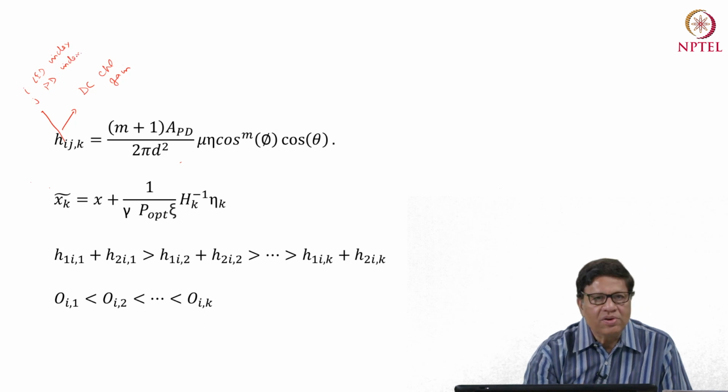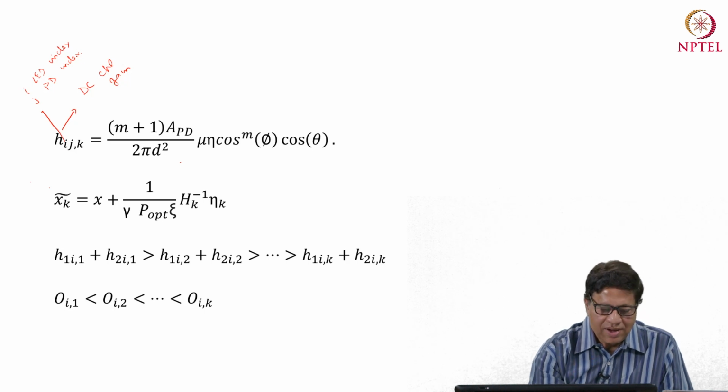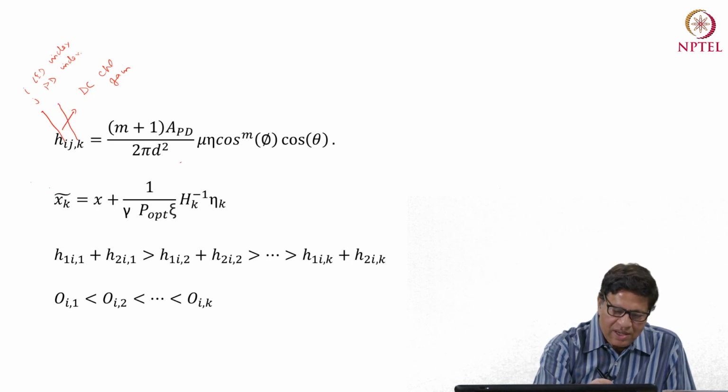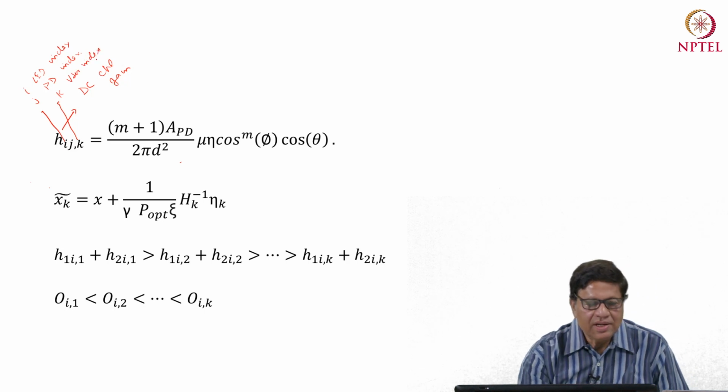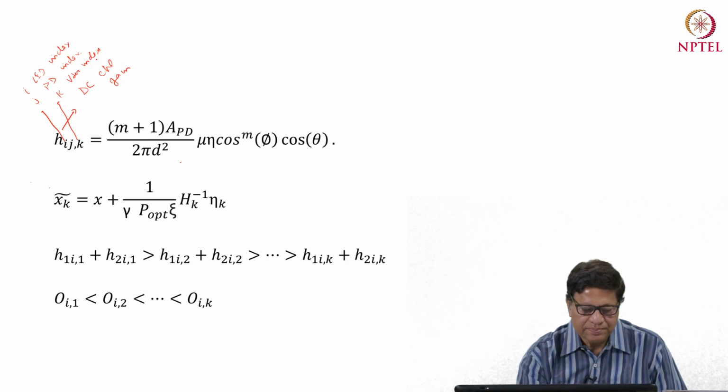Again, there are two photodiodes with each receiver, so it will have value 1 and 2. And k is the user index. So H_ijk is the DC channel gain between LED i and photodiode j for user k.